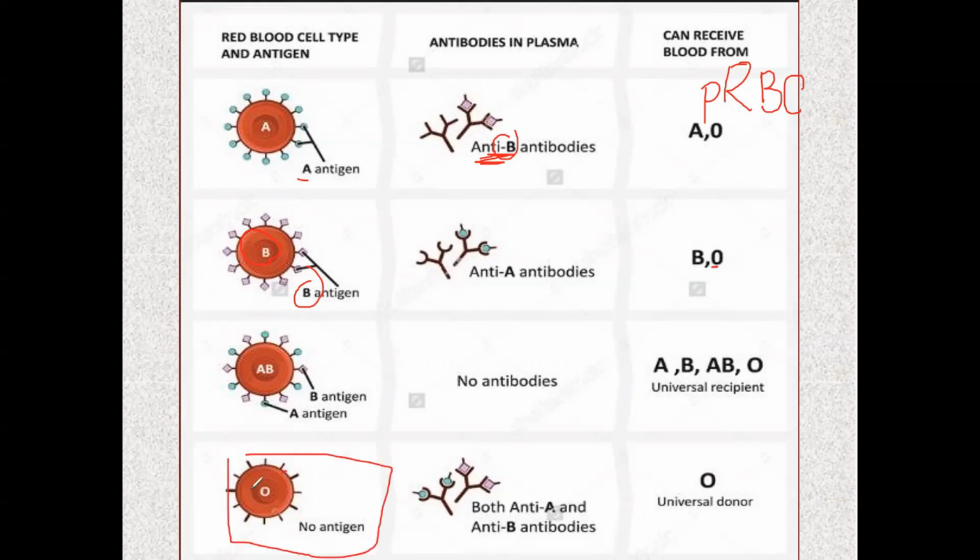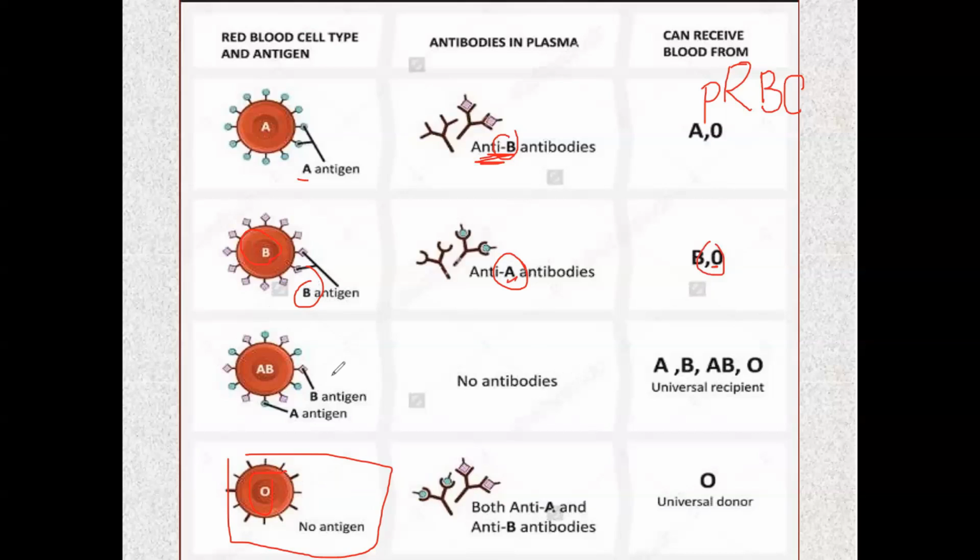Wala siyang antigen, di ba? So pag nilagyan mo si patient na blood type niya ay B, okay? Si anti-A wala siyang ibabind kay RBC na walang antigen. Kasi wala naman siyang laman. So, sino ang i-aatakihin no? Anti-A mo? Wala. Okay? So, that's why pwede mong i-transfuse si O kay blood type B.